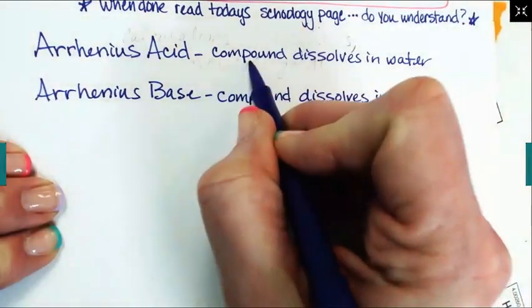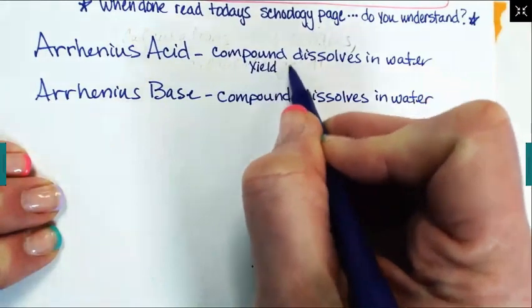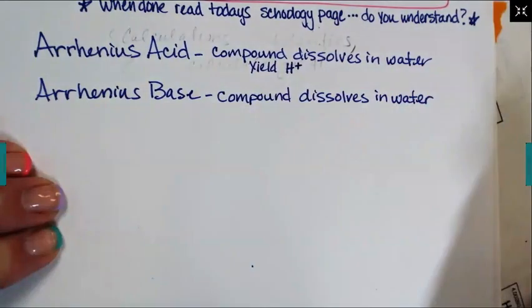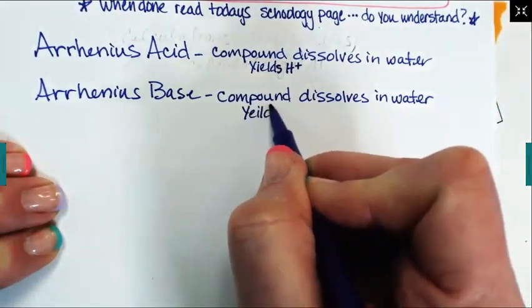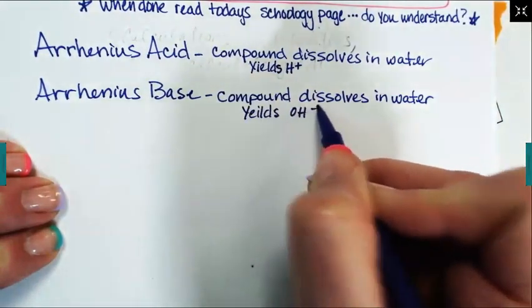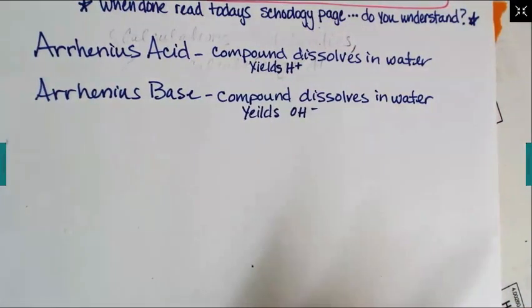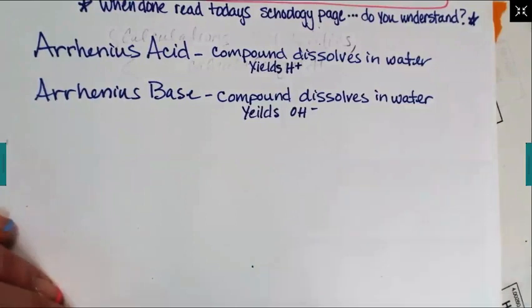This one yields hydrogen ions, and this one yields hydroxide ions. Make sense to everyone? We good? Okay, let's keep going.